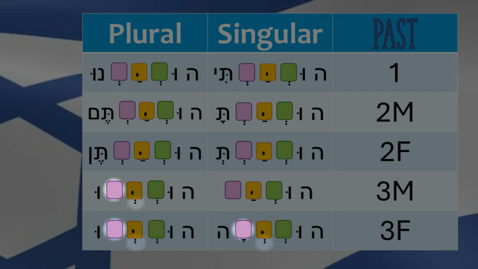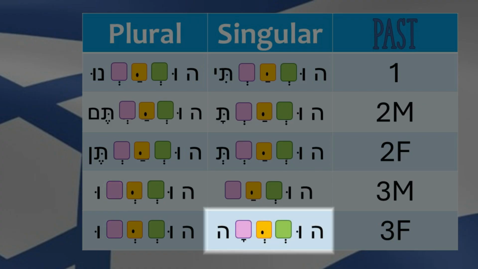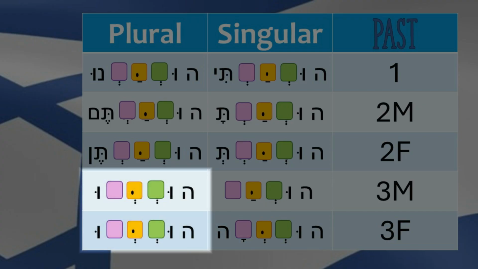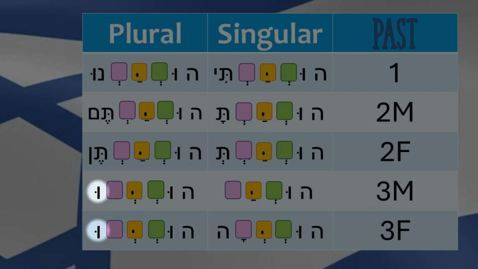And then the third shoresh letter is going to get the appropriate vowel, which is the ending, the suffix of that particular person. So for third person singular feminine, that third shoresh letter gets a kamatz, and then there's a hey after it. And if it's third person plural, there's just a shuruk after the third shoresh letter.